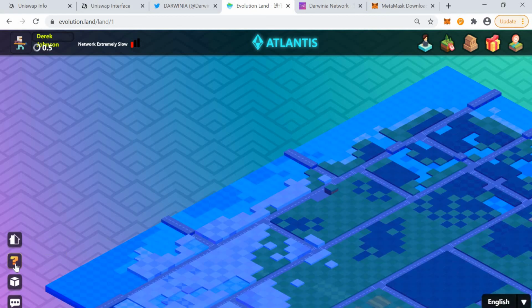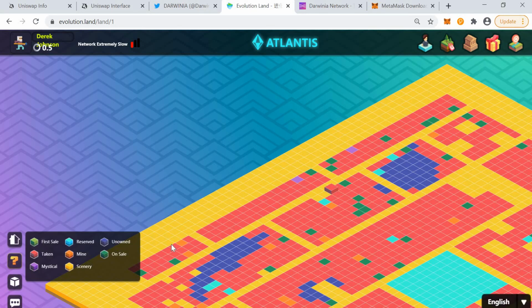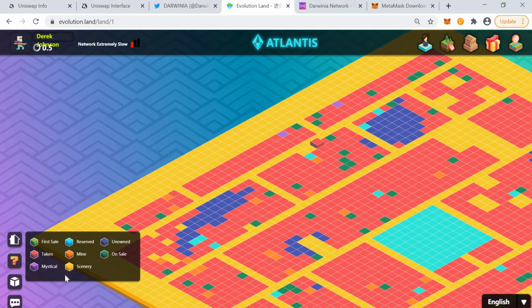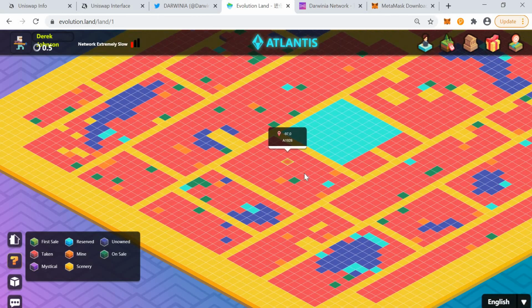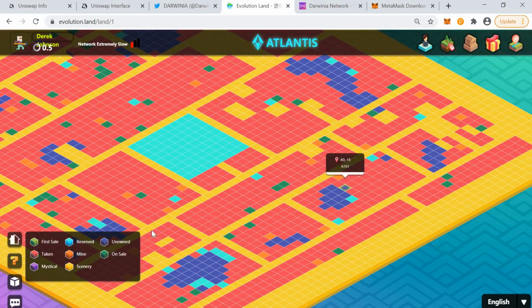If you click here, it shows you the different types: mystical, scenery, purple, unknown, reserved, mine, on sale, first sale. So you can see what the colors of everything are. These are reserved. These are special.